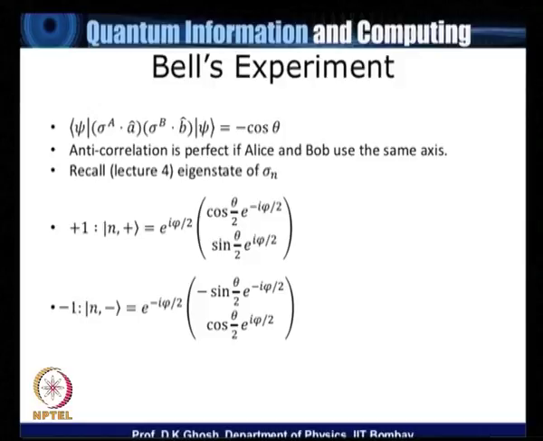Now this slide simply reminds you, which I have talked about a few minutes back, that the eigenstates of Pauli operator along an arbitrary direction n are given by these matrices.